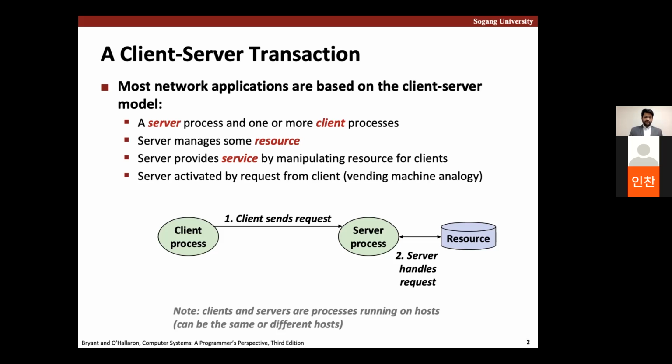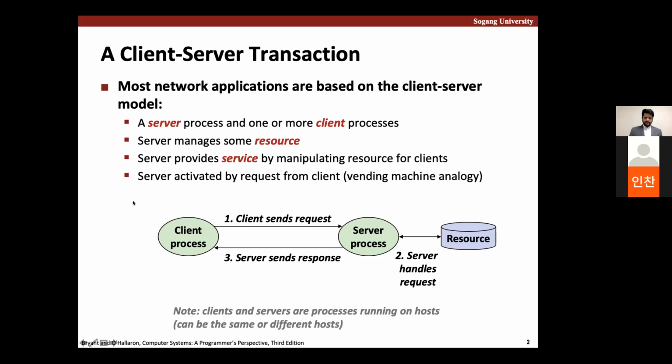In the third step, after handling the request, the server sends a response to the client and then waits for the next request to be served. Again, a web server sends a file back to the client and then waits for the next request.